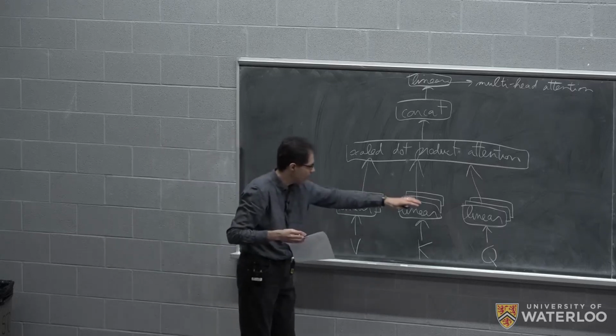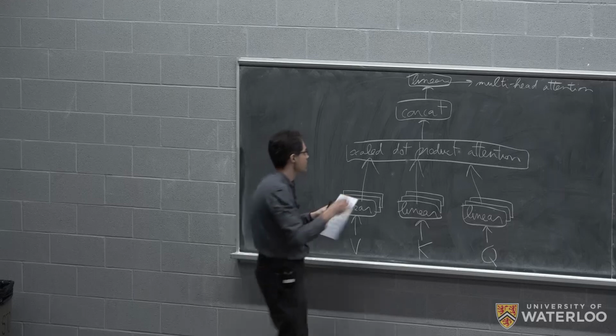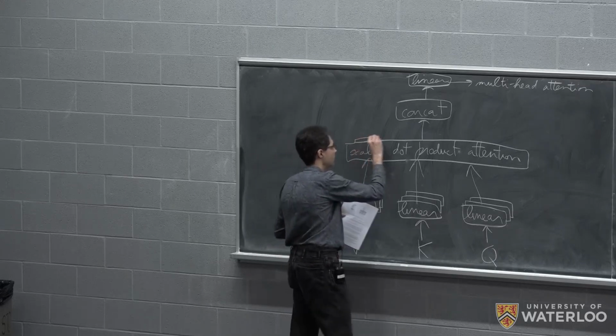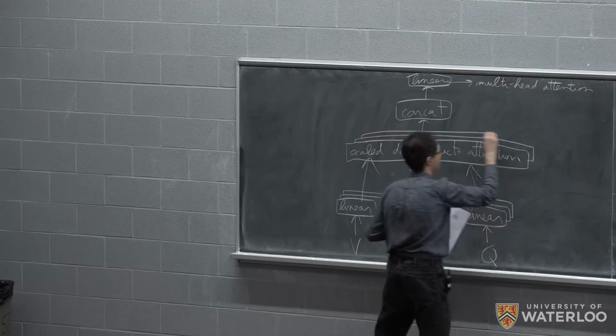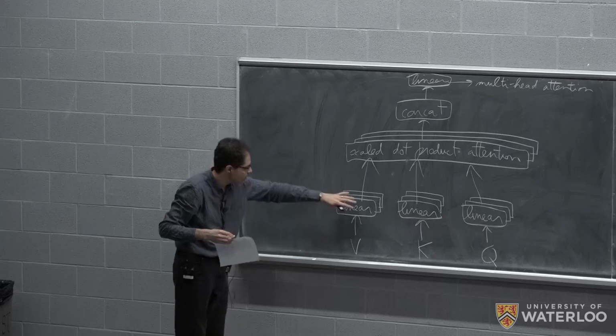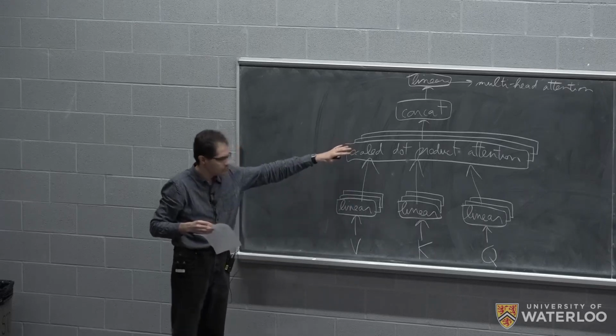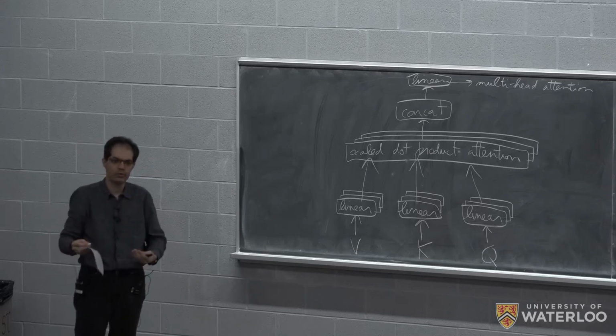Now, for each one of them, I can compute a scaled dot product attention. So I will get 3 scaled dot product attentions. And the way to think about these different linear combinations, these different scaled dot product attentions, is that it's a bit like feature maps in convolutional neural networks.